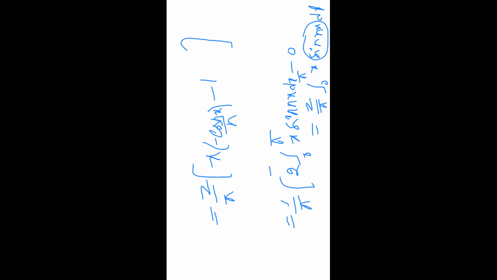write this value in the brackets, and after that the integration of the bracket value, minus cos nx by n, equal to minus sin nx by n square in the limit 0 to pi. We have to replace the limits, upper limit and lower limit. We know that sin n pi is 0 and sin 0 is 0. The complete sin function is 0. So replace the limits only in the cosine function.